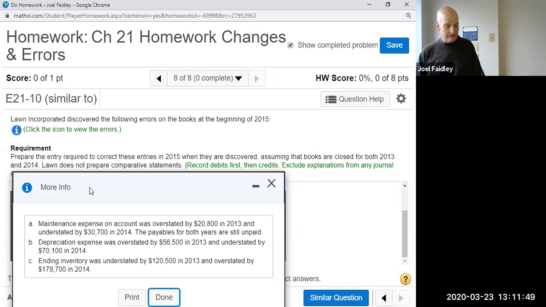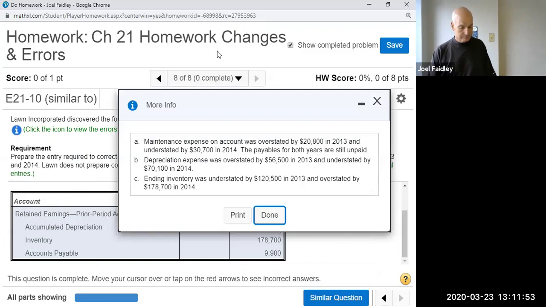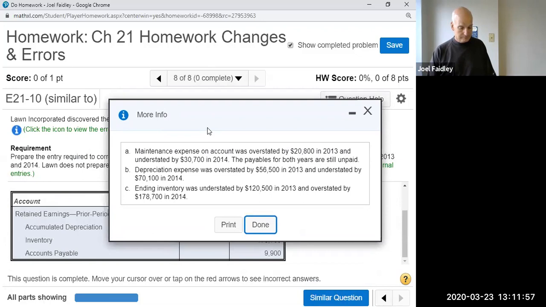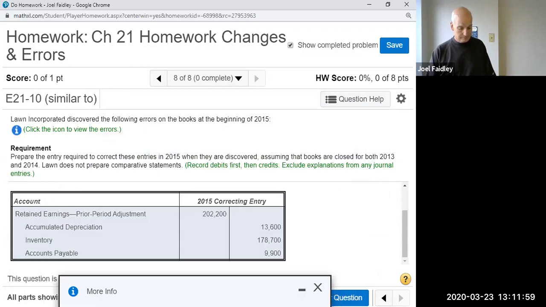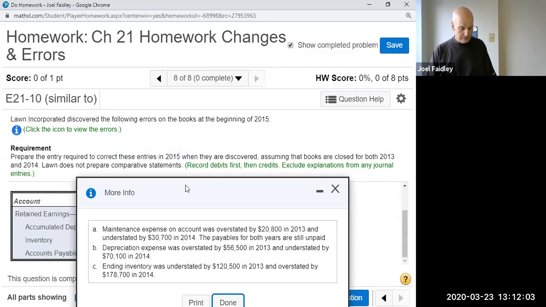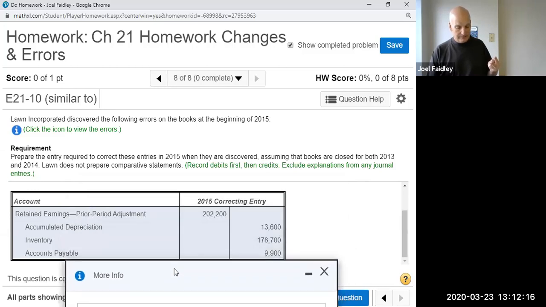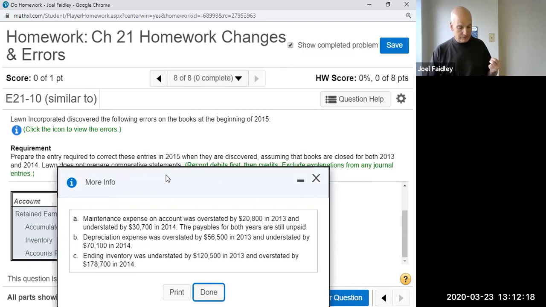What's the net effect of that? $9,900, $20,800 minus $30,700. An overstatement and an understatement, those two have to be netted together. You'll see why here in a minute. $9,900. All right, what's the second transaction?